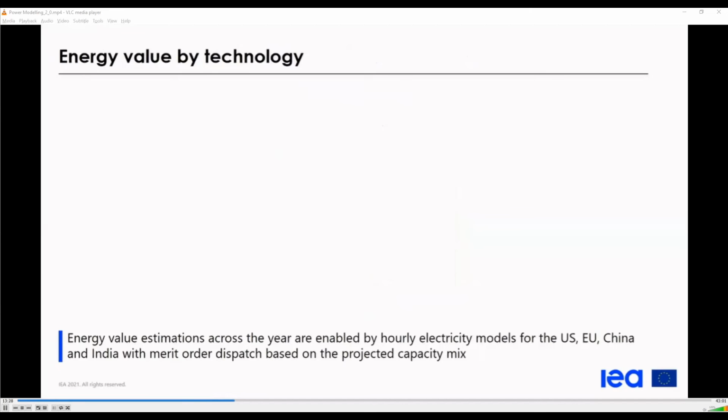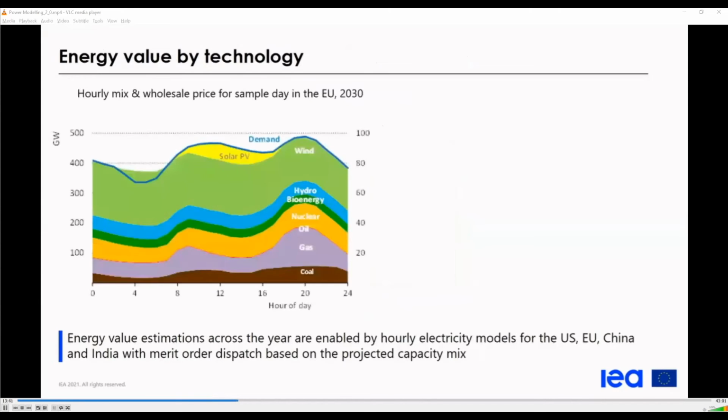And of the three categories of values I showed earlier, this is the energy value that changes the most across technologies. So showing now some hourly outputs, with demand trends over the course of a sample day in the European Union in 2030. You can see these demand trends represented by the blue line. And you can see also the various supply technologies that contribute to meeting that demand. So early in the morning, around 4 a.m., wind production is significant.